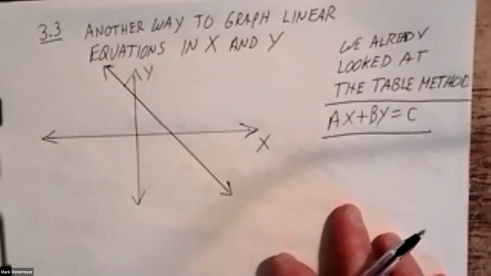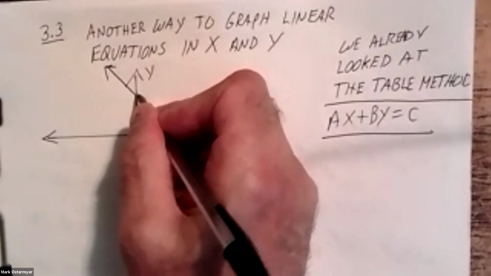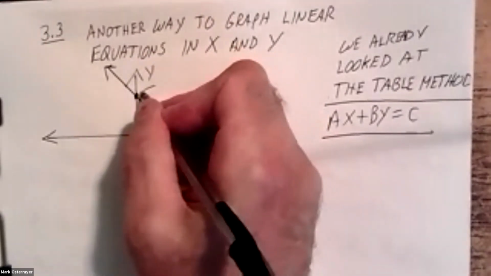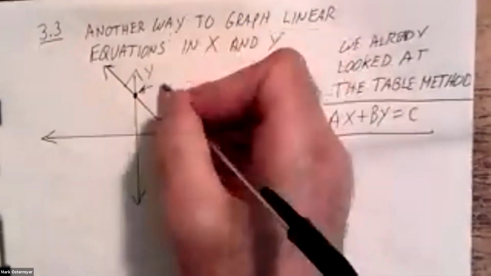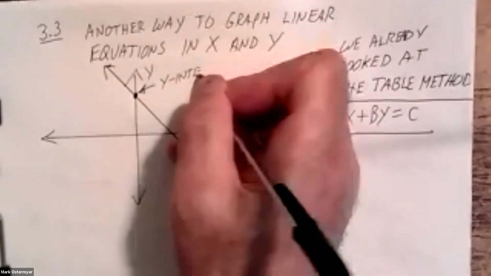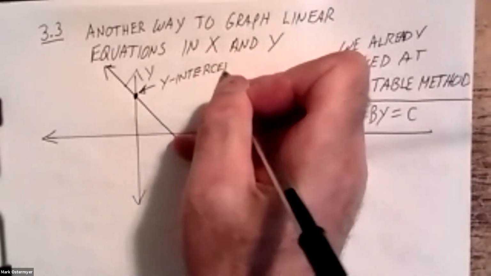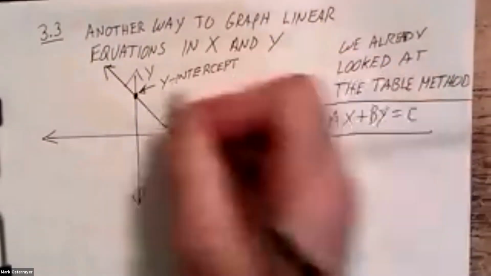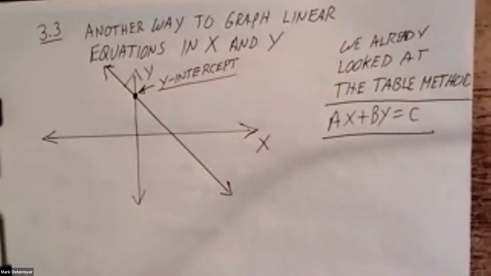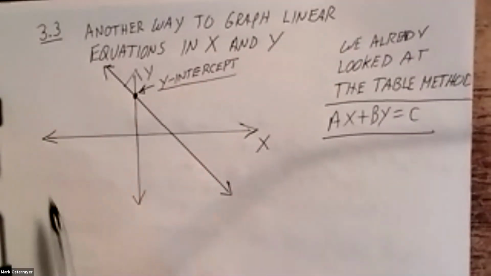Now, the point of intersection between the graph and the Y-axis, that point of intersection has a very special name. It's called the Y-intercept of the linear equation. The point of intersection between a graph and the Y-axis is called a Y-intercept.